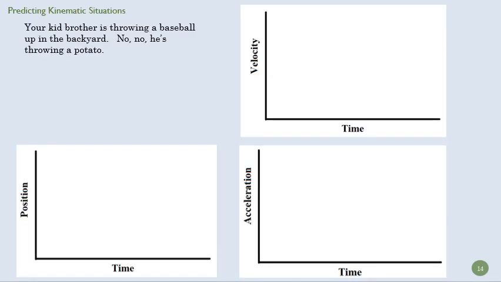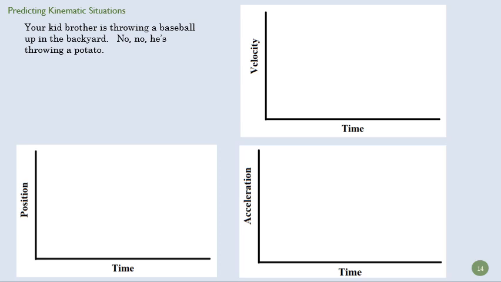So let's draw a quick picture of what happens in free fall. So here we have your kid brother throwing a potato in the backyard, because physicists love potatoes because they're round and generally shapeless and can represent whatever we want. So we're going to throw a potato in the air.